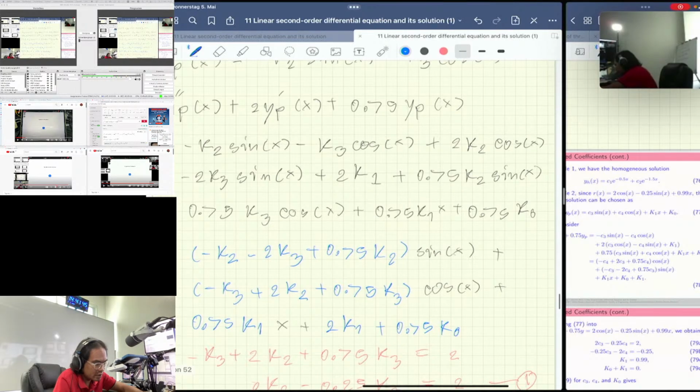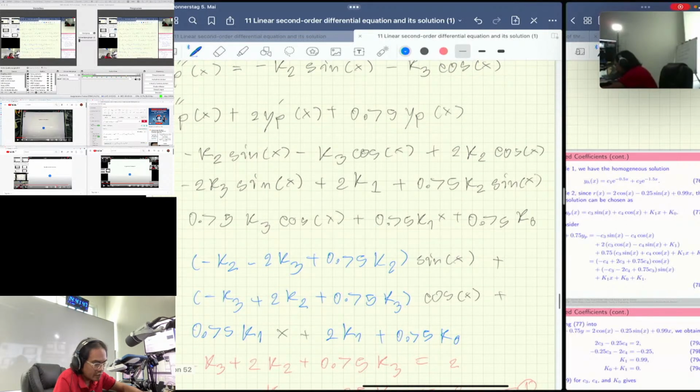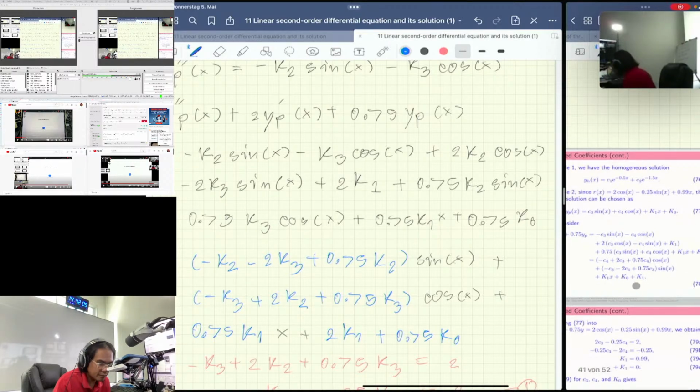And for the constant and the x term, we have 0.75, right? 0.75 K1x, 0.75 K0. They are wrong here because they don't have 0.75.